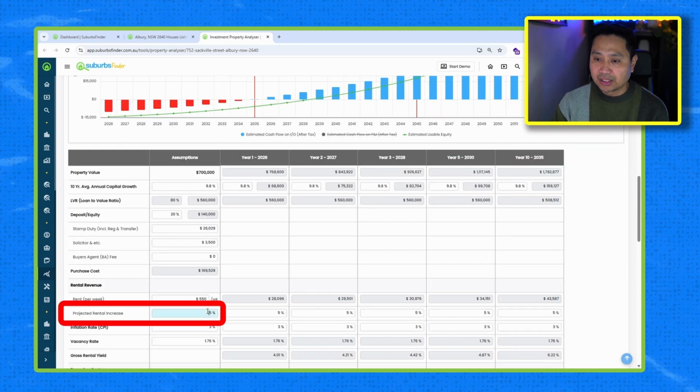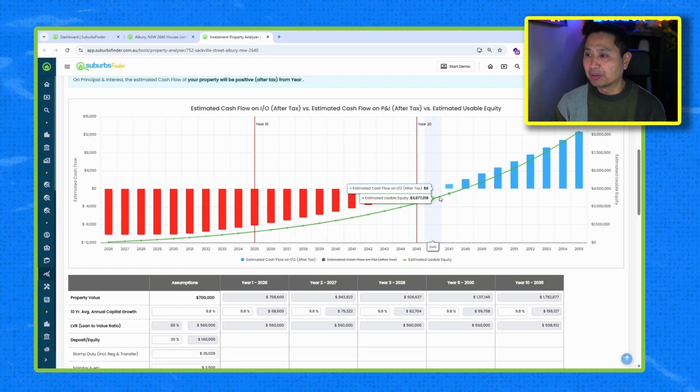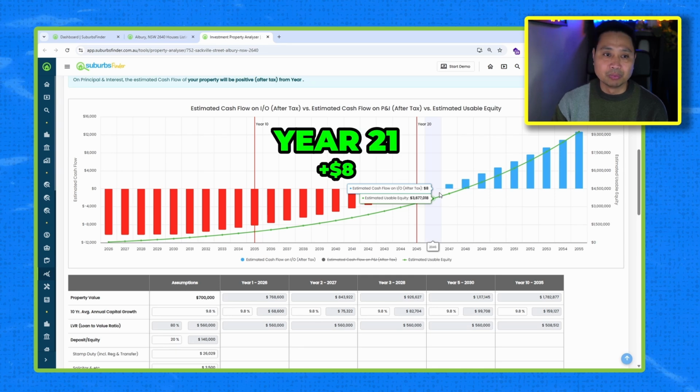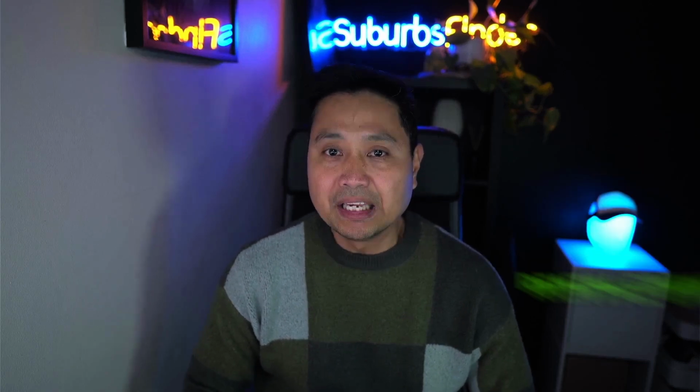And when we change our projected rental increase per year, so let's say at 1%, you can see the effect in our cash flow. So instead of 10 years, it will be positive in year 21. Rental income determines our cash flow and return on investment. If our assumptions are wrong, our investment might not cover its costs.